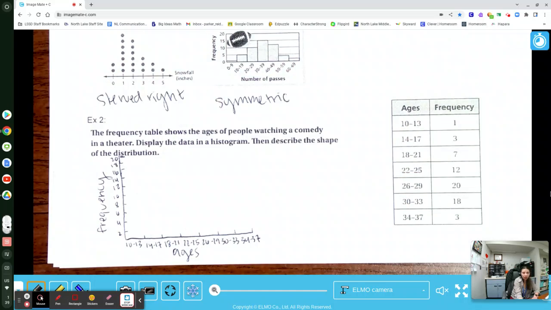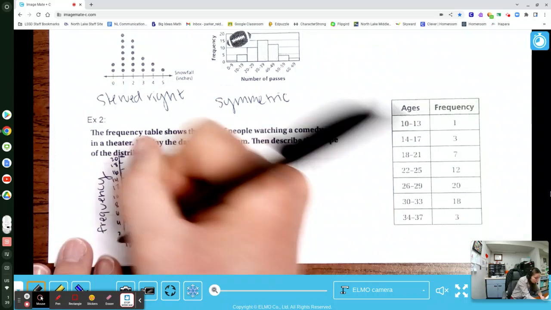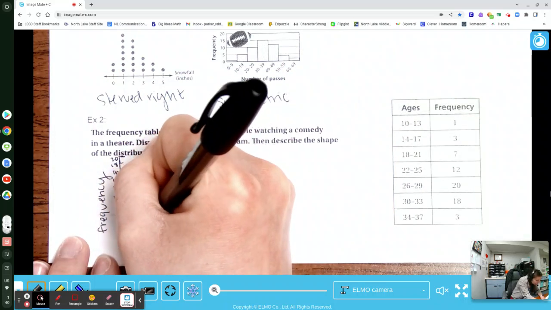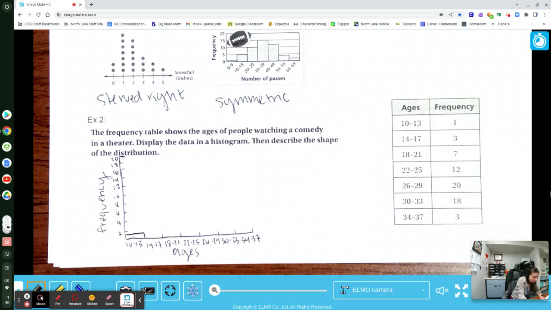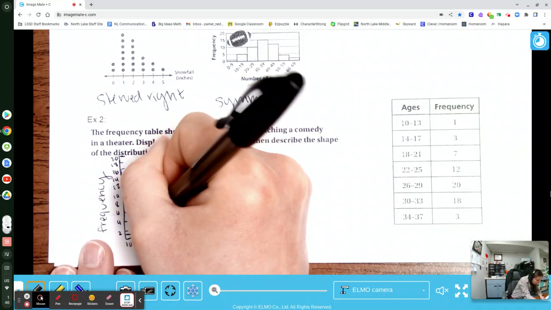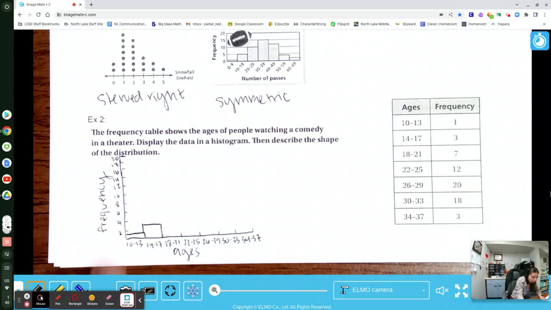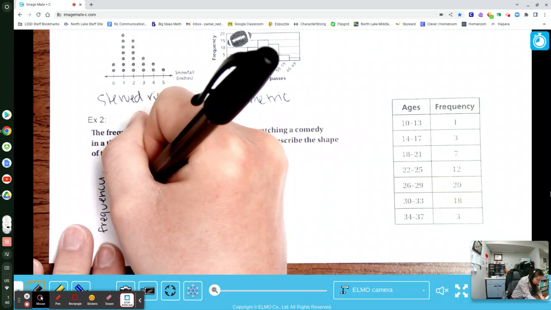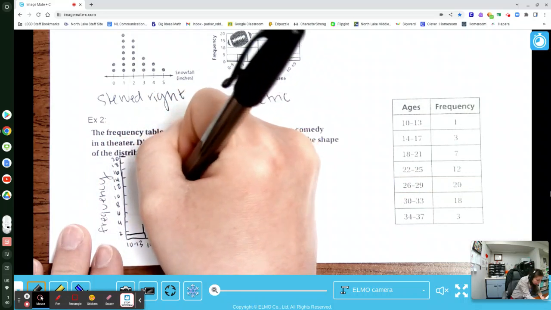Now I'm going to fill in the bars. So my first interval, ages 10 to 13, has a frequency of 1, so that's just going to be below the 2. My next 14 to 17 has 3, so that's halfway between 2 and 4. 18 to 21 has 7, so that is halfway between 6 and 8.